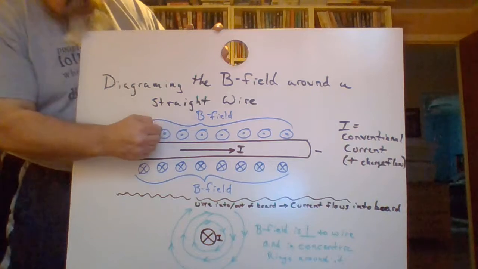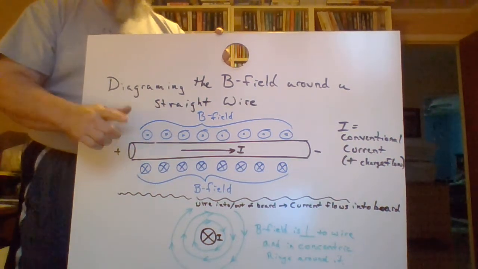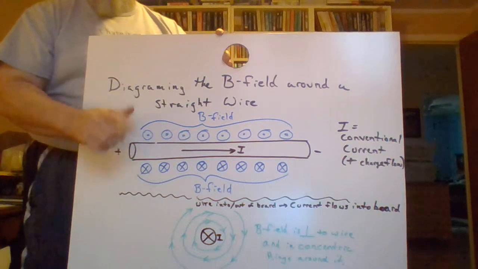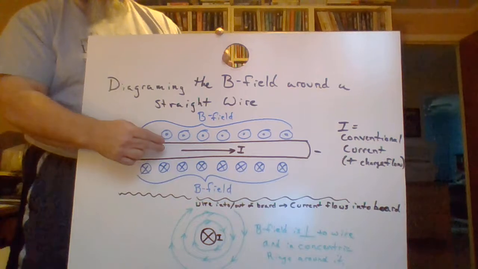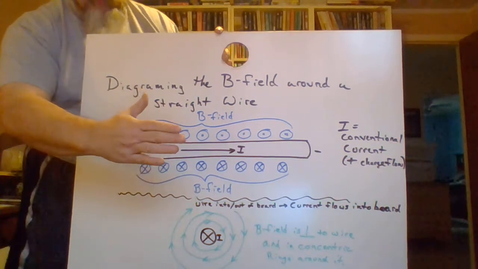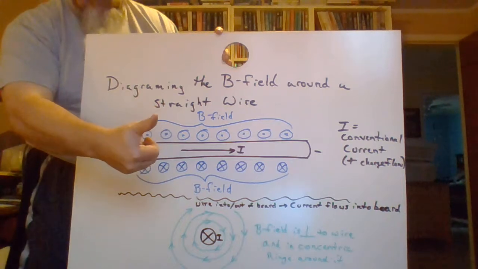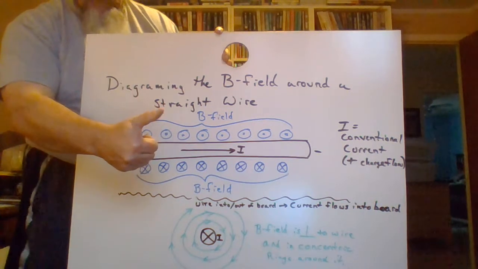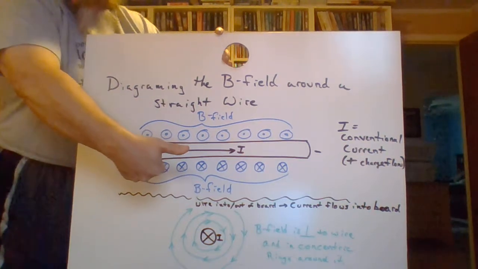On the top, those compasses would all point out. So we can use our first right-hand rule when we're dealing with a straight wire. And the first right-hand rule, if you look at it, you take your fingers and you curl them around the wire. Put your thumb in the direction of the current flow in the wire.